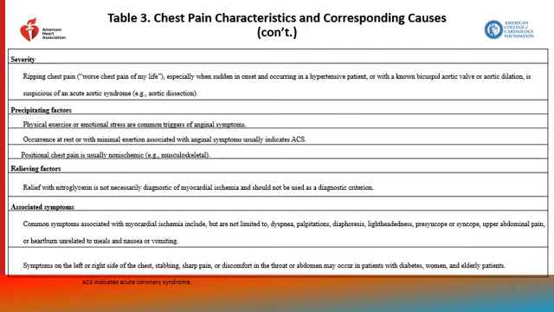Tenderness or positional chest pain is usually musculoskeletal. If the patient has chest pain when lying on the left side, left lateral position, right lateral position, or leaning forward on the back, this is mostly musculoskeletal pain. The relieving factors: if the patient tells you that before getting to the ER, my physician asked me to take sublingual nitrates.